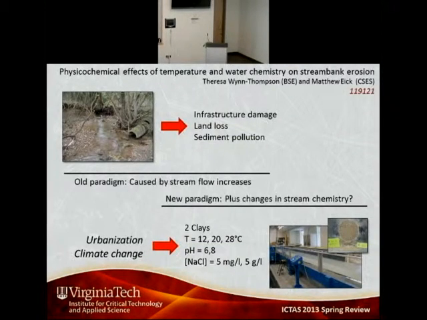And so what we did was, so we have two clays that we're looking at, 3 temperatures, 2 pHs, and then looking at basically road salt, sodium chloride, at 2 different concentrations. So coming out of the tap, it's about 5 milligrams per liter. What we notice in streams is up to 5 grams per liter in the winter. Yeah, lots of salt. Okay.